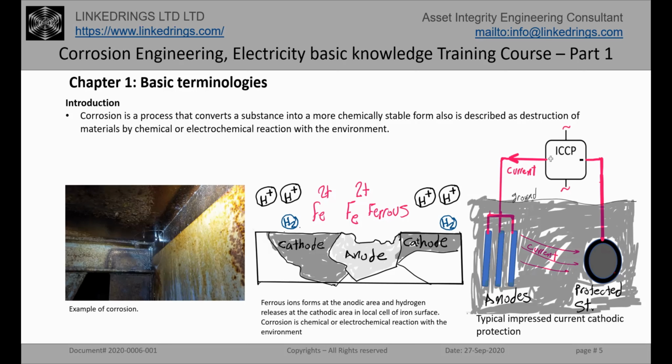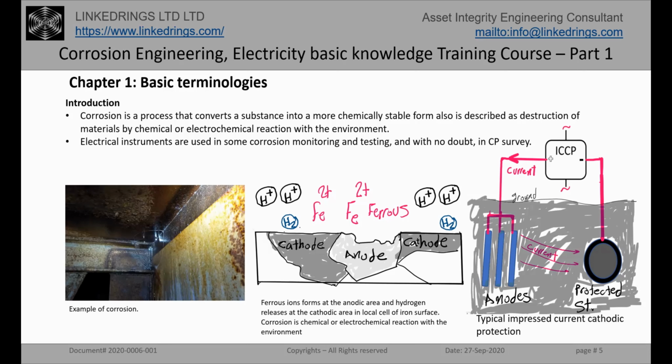Typically the protected structure will be connected to the negative side of the rectifier, and the anodes will be connected to the positive side of the rectifier. As you can see here, while we are talking about corrosion, we are talking about ions.